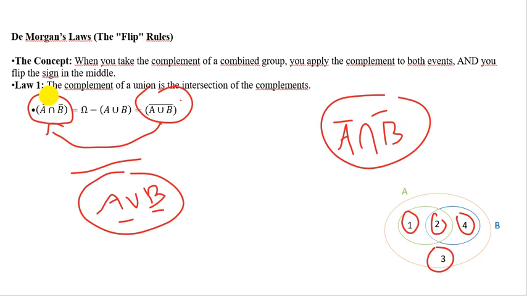What don't we have in A here? We don't have 4 and 3 in this example, because A contains 1 and 2, so 3 and 4 are not in A. And what we don't have in B, B bar, we don't have 1, we don't have 3.